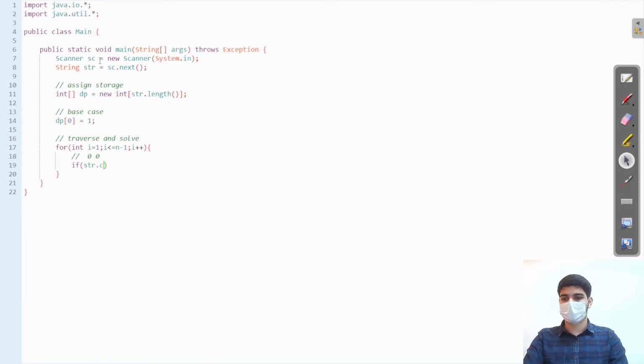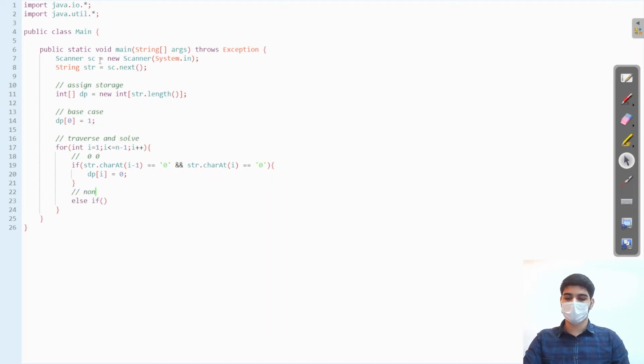When my string.charAt of the preceding value, which is the value before, is equal to 0, and my string.charAt of the current value I is also 0, then I would have my dp of I equal to 0. I cannot make any call. If I have two consecutive zeros, I cannot make any call, not alone with a single zero or with double zeros. Simple.